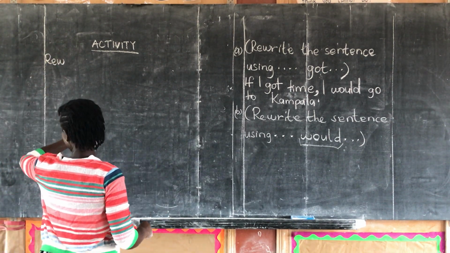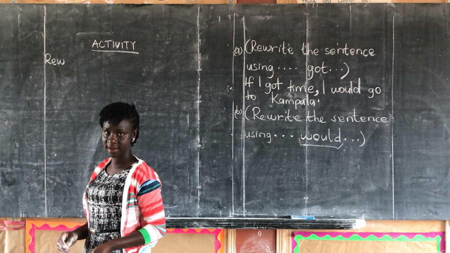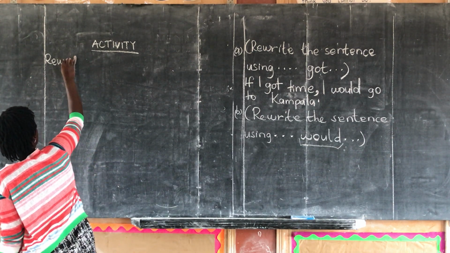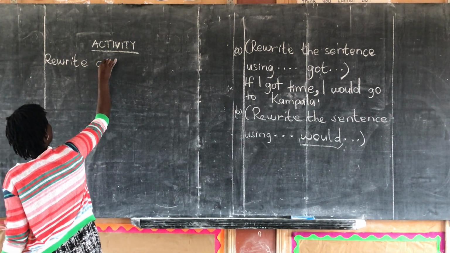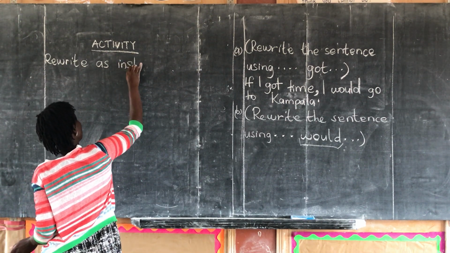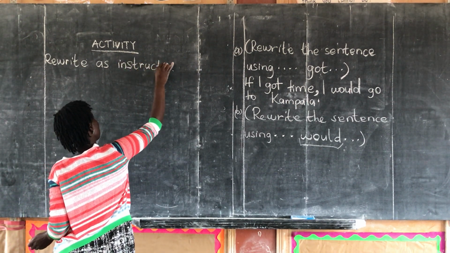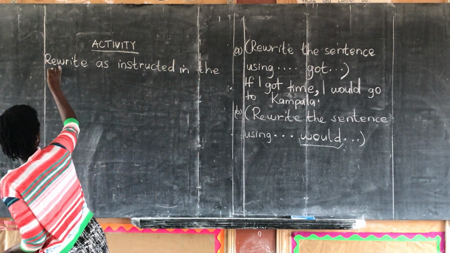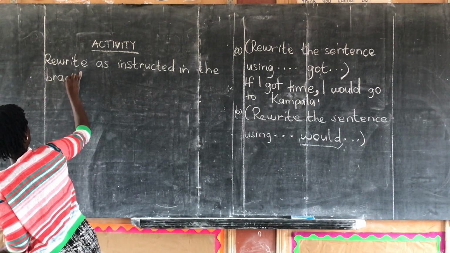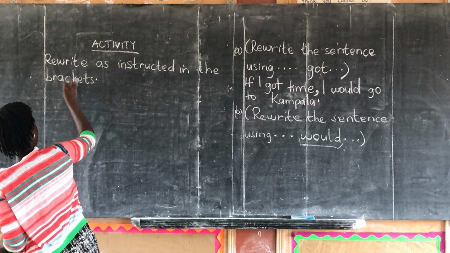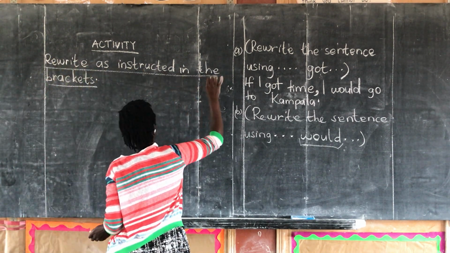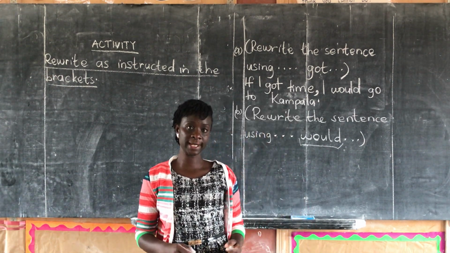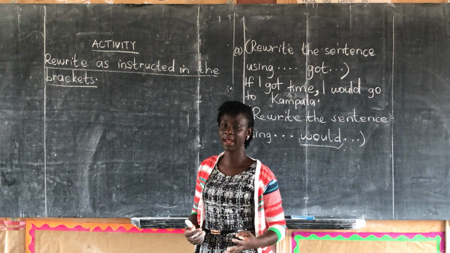The examples that I gave in 1 and 2, I think we may not go back there. That is very simple work for you to do, but let's look at the rewriting part. Rewrite as instructed in the brackets, and because we looked at if 1 the last time, I'm going to mix the if 1 and the if 2.